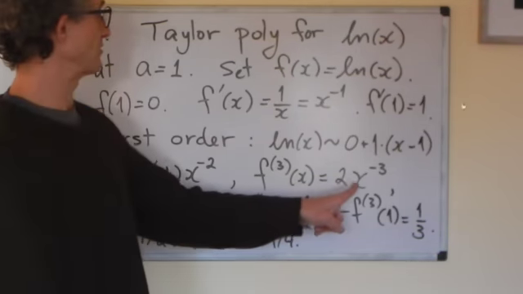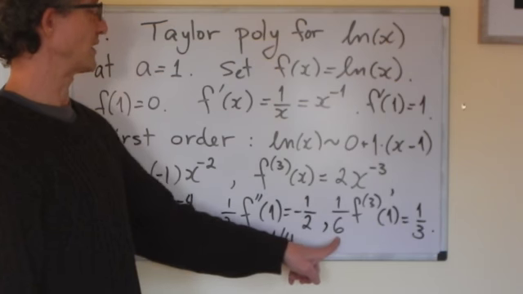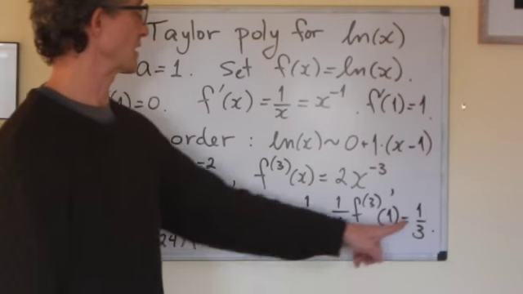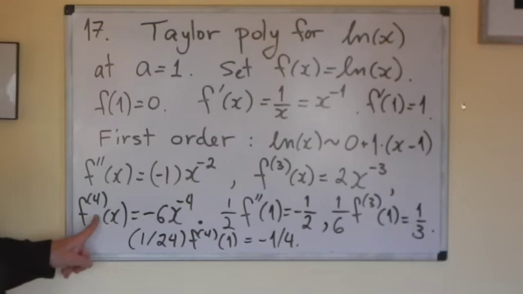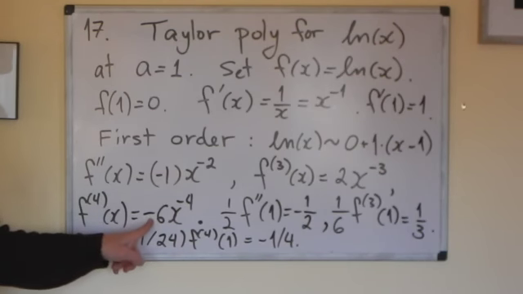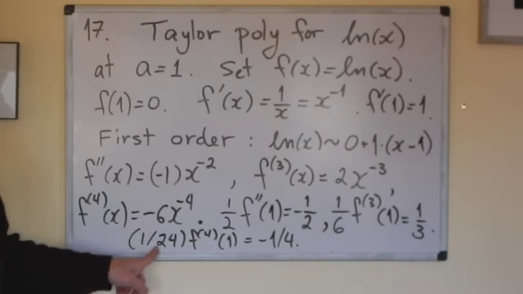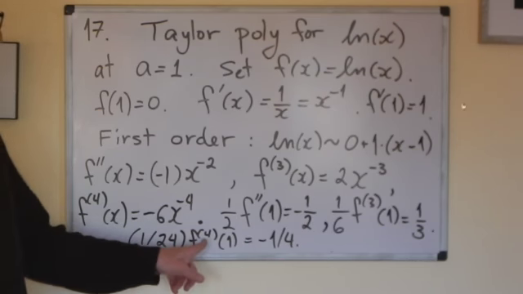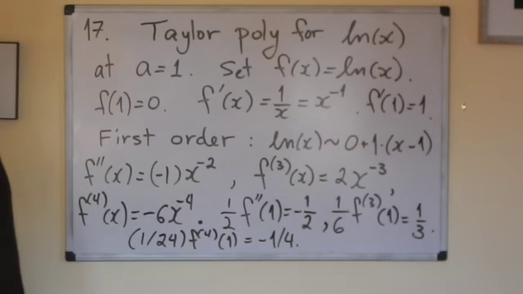Evaluating the third derivative at 1, I get 2, and dividing by 6, I get 1/3. And evaluating the fourth derivative at 1, I get minus 6. Dividing by 4 factorial, or 1 over 24, gives minus 1/4.